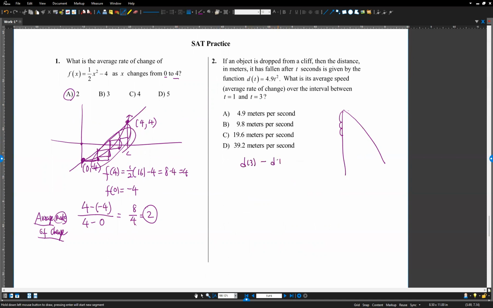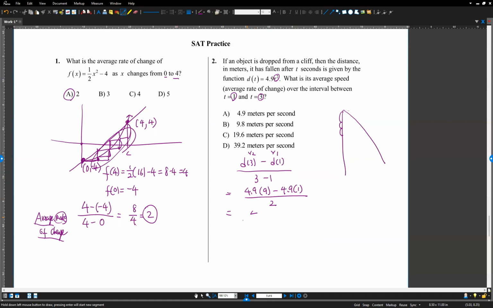d over 1, right? This is y2 minus y1 over t2 minus t1, right? 3 minus 1. That is the average rate of change. Okay, that's fine. d(3) is how much? When t is 3, 9 over here, right? 4.9 times 9 minus 4.9 times 1, over 2.